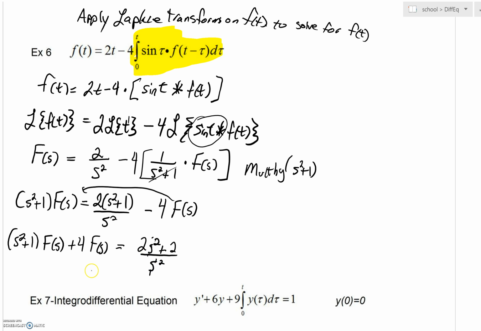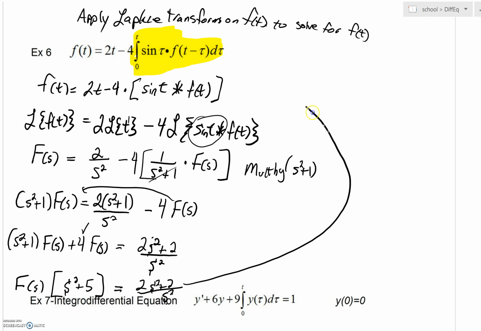And as we factor out an F of s from both of these, you'll have an s squared plus 1, and then also this plus 4. I hope you can see that the 1 and the 4 are the like terms. You'll have s squared plus 5 when we clean this all up. So here's our 2s squared plus 2 all over s squared.